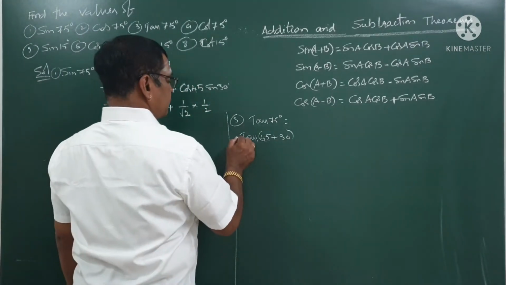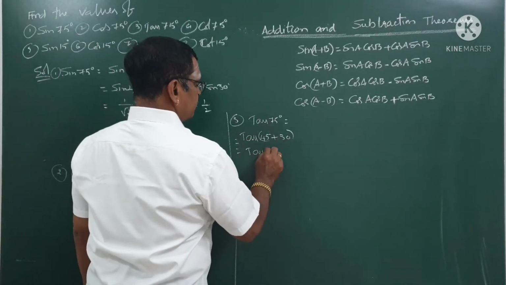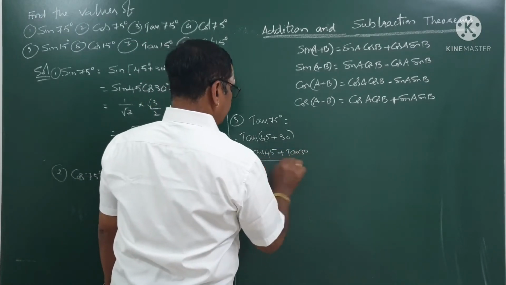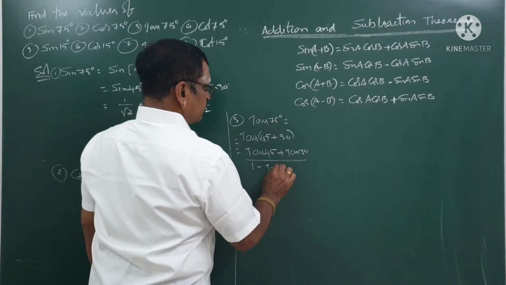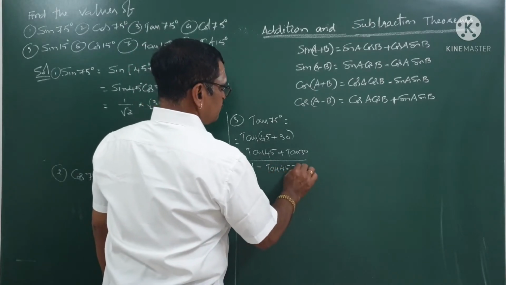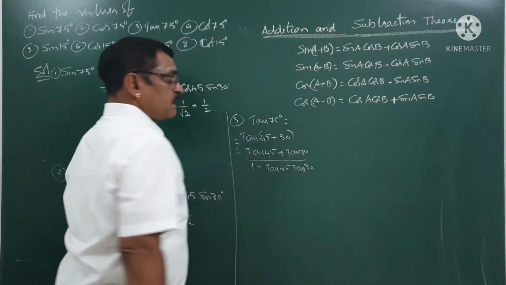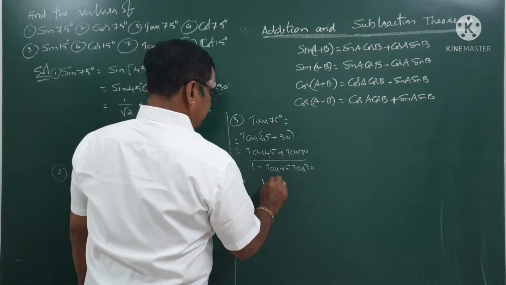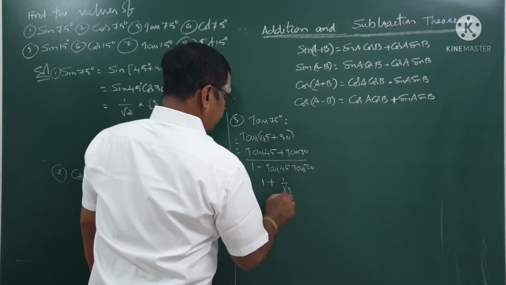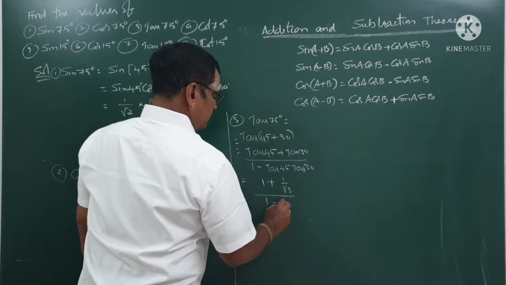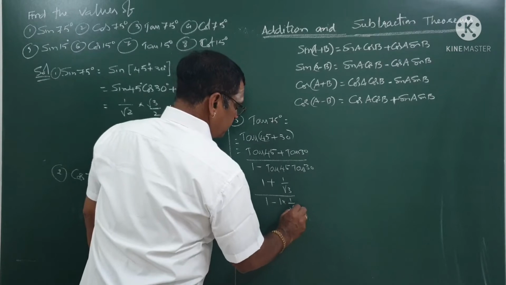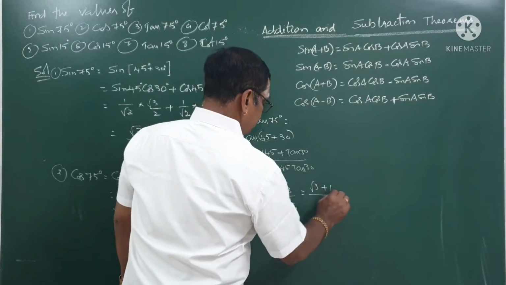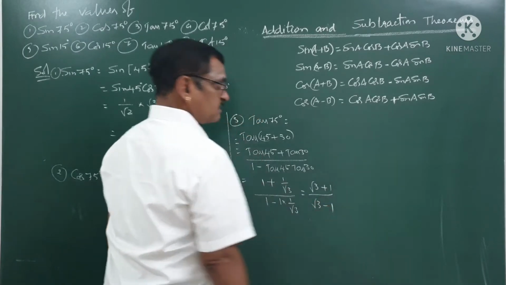So this is nothing but tan 45 plus tan 30 upon 1 minus tan 45 into tan 30. Now substitute the values: tan 45 is 1, plus root 3 over... 1 over root 3, by 1 minus 1 times 1 over root 3. If you simplify you get root 3 plus 1 over root 3 minus 1.